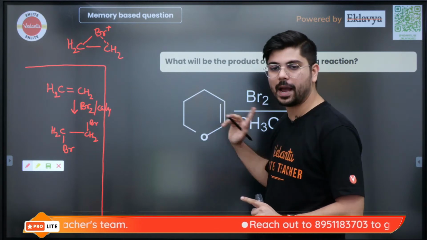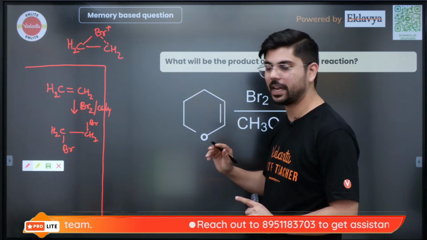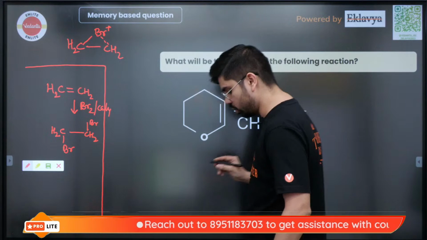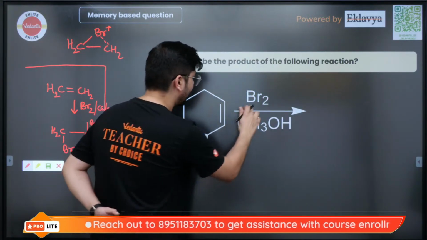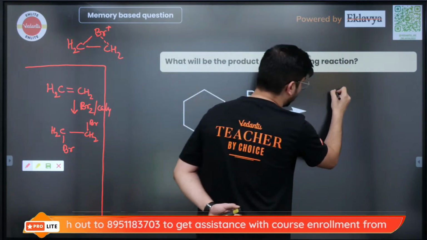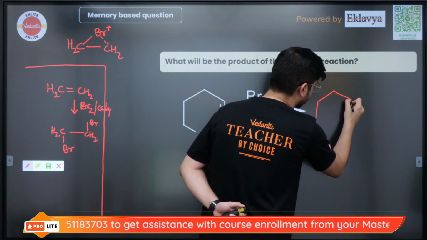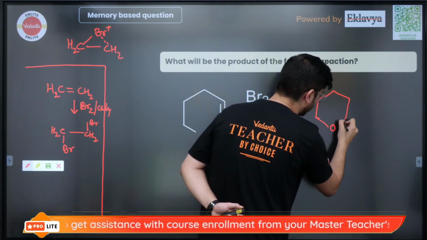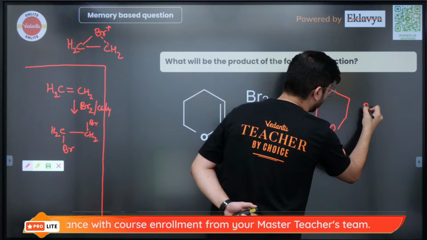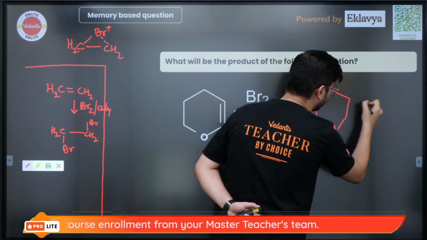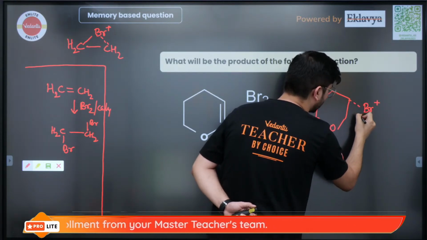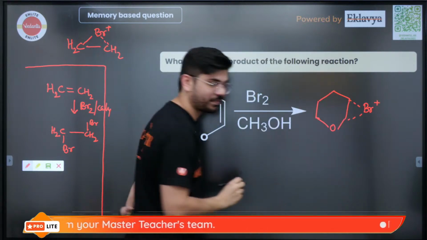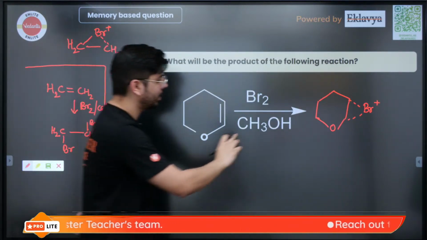Similarly, what will happen over here? The Br2 will first of all attach like this, oxygen, there is a Br positive, okay, like this.